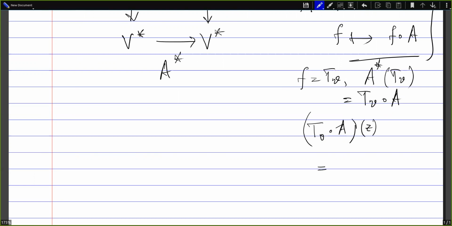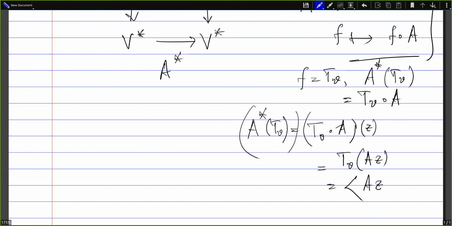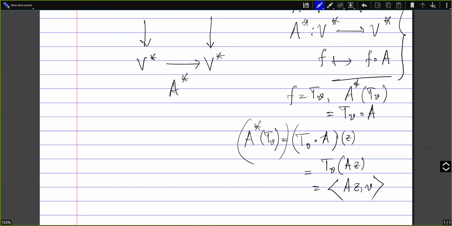By definition, it is T_V of AZ, and again by definition this is the inner product of AZ and V. So the map A star sends each T_V to the map Z going to the inner product of AZ and V. That's what we have seen.